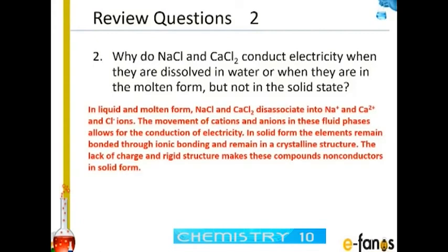So in liquid and molten form, sodium chloride and calcium chloride can dissociate into the sodium and calcium 2+ and the chloride negative ions. So it's the movement of these cations and anions in the fluid phases which allows for the conduction of electricity. In a solid form, the elements remain bonded through ionic bonding, and they remain in a crystalline structure. So the lack of charge mobility and the rigid structure makes it so these compounds are non-conductors in solid form.